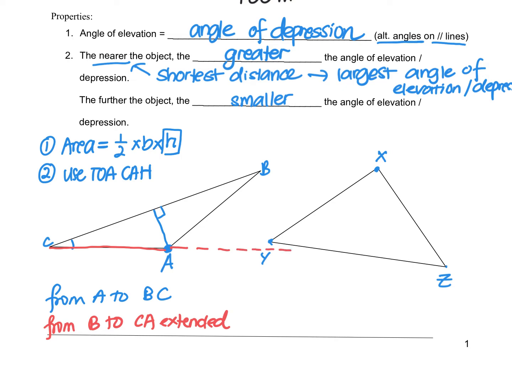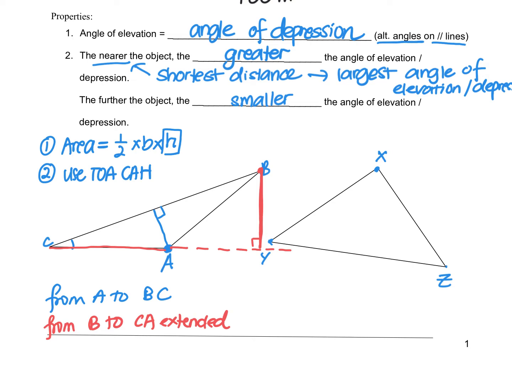Then from the point B, I go down to CA extended directly, the shortest distance. Therefore, the shortest distance will be this one. So you see, the shortest distance may not necessarily be within that triangle.